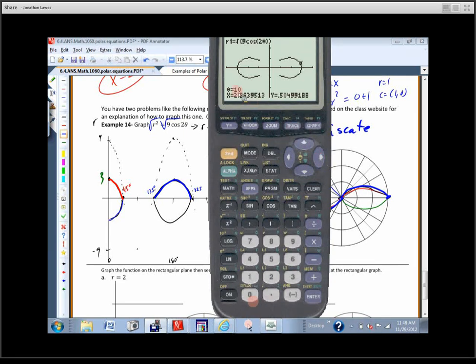The angle's 10 degrees. There are the x and y coordinates. So it kind of does the conversion there for us. Okay, notice when I plug in a 50, 50 would be right here. There's no point. I don't get another point until I get to past 135. Okay, everybody good there? Okay, any questions?